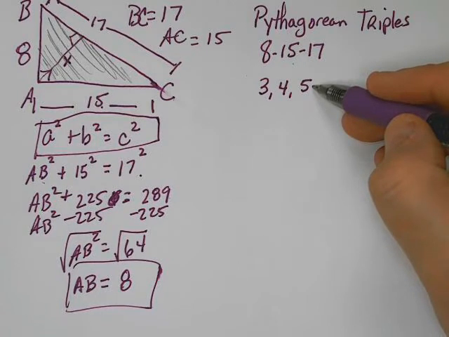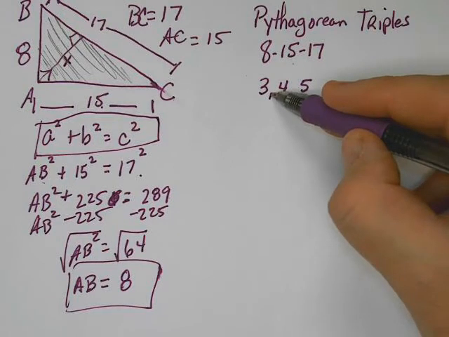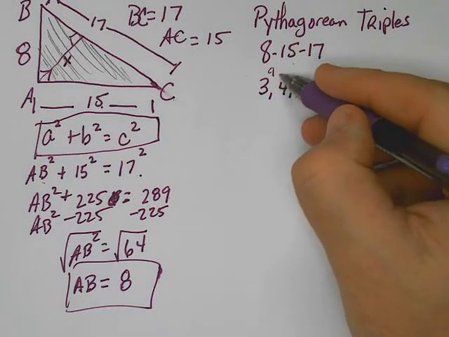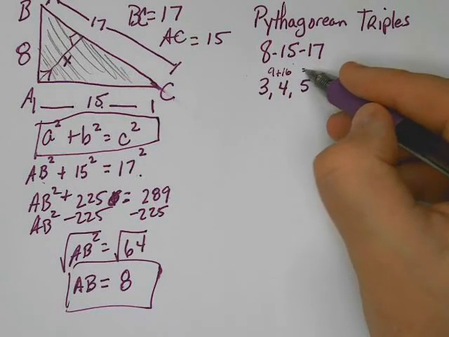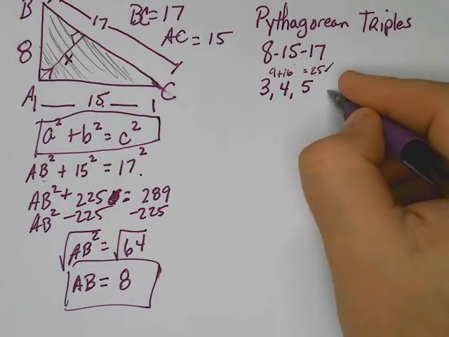What's 5 squared? 25. What's 4 squared? What's 3 squared? What's 9 plus 16? Pythagorean triple. Same is true for all their multiples.